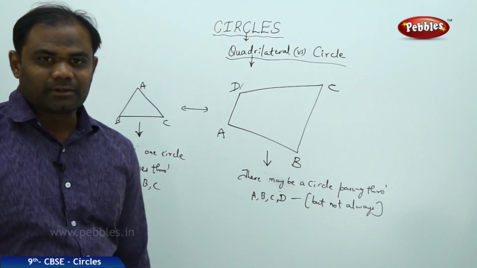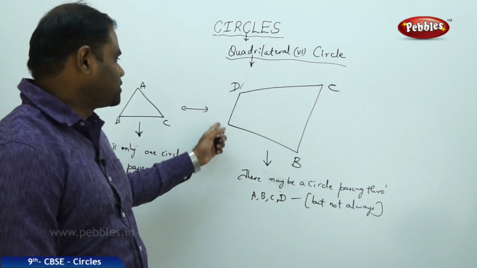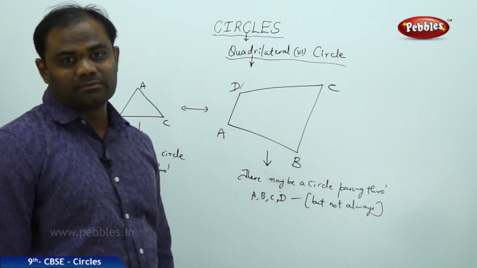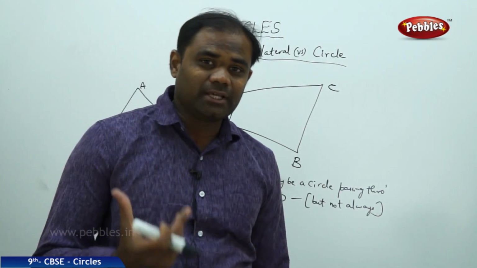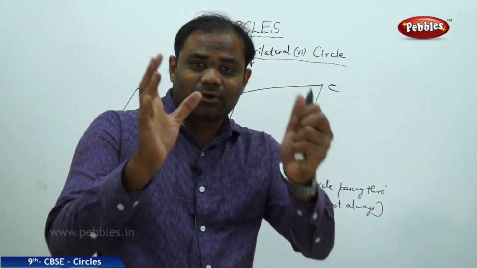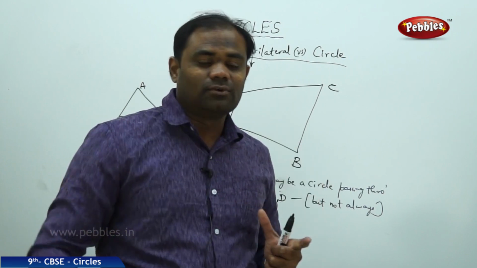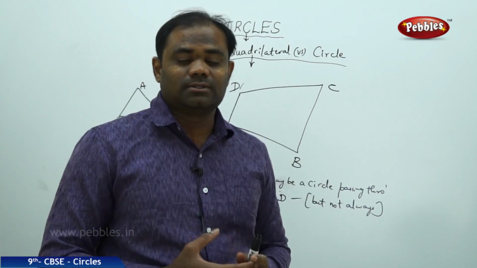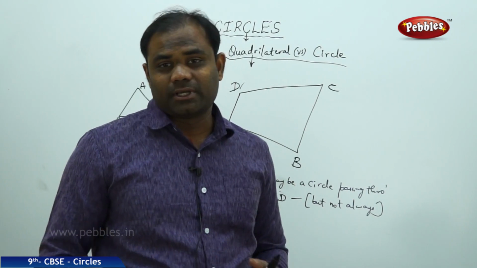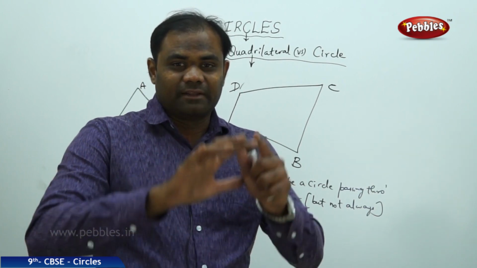Only a few quadrilaterals have the circle exactly touching A, B, C and D. So this is a special case of a quadrilateral, one which passes through all the four vertices of a circle. Let's take the special case of a quadrilateral which exactly fits in the circle.